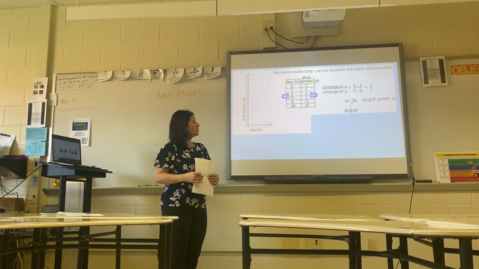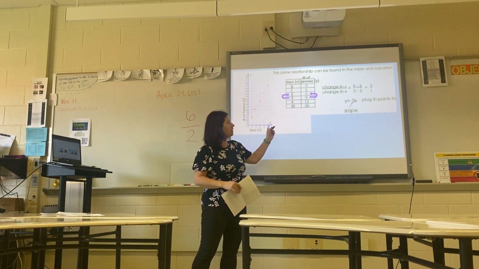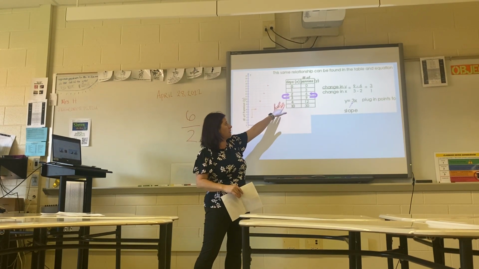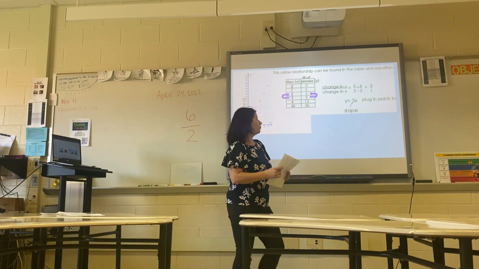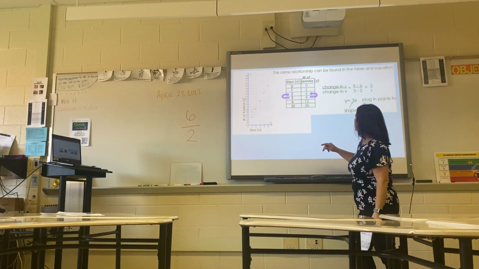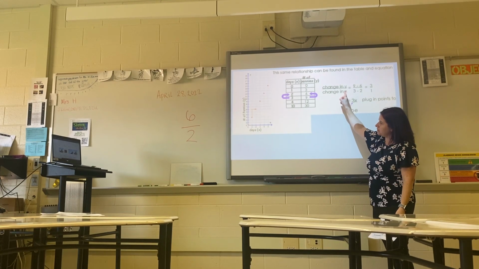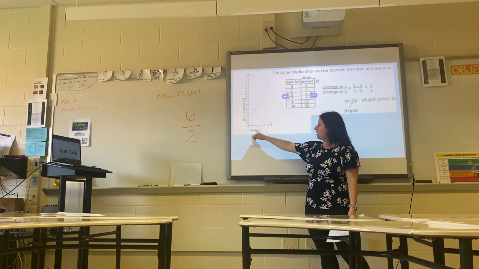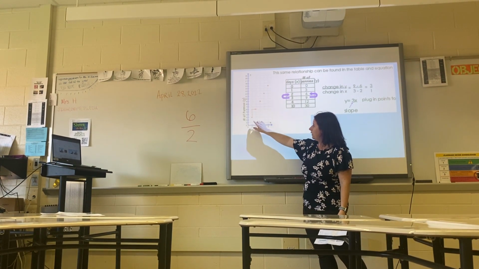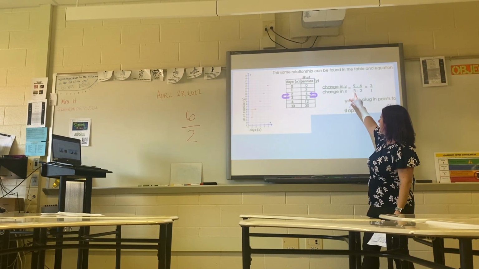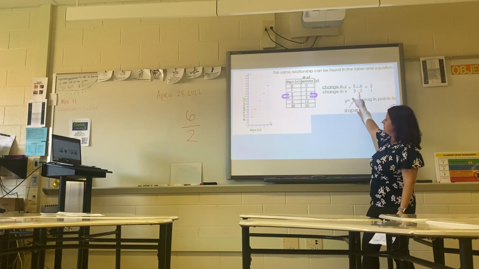The same relationship can be found in the table and equation. So when we look back at our table, we're doing the change in y over the change in x. Again, we're looking back at our graph, and we're taking the point on day 3 minus day 2.